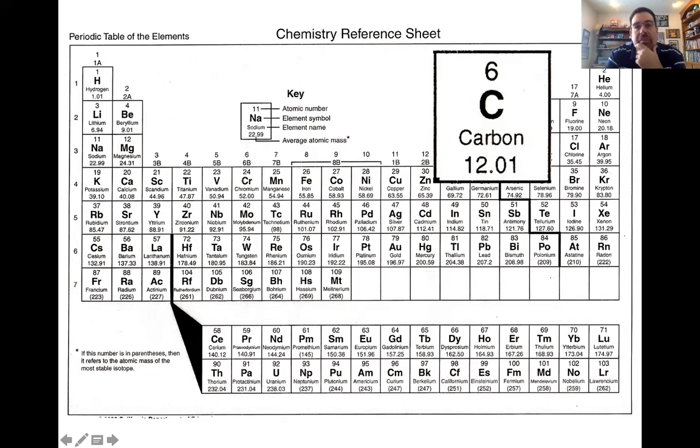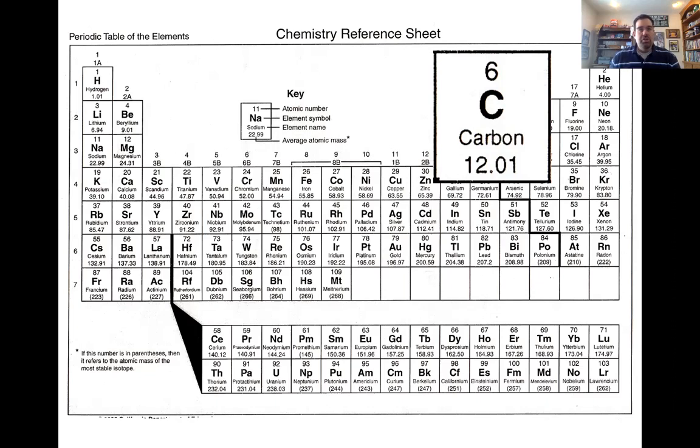And the reason for that is because anytime you have a sample of an element, it contains all the isotopes of that particular element. And those isotopes are not always in equal abundance. So if I took a look at a sample of carbon, I wouldn't necessarily have equal amounts of carbon 12, 13, and 14. I would have differing amounts of those different isotopes.